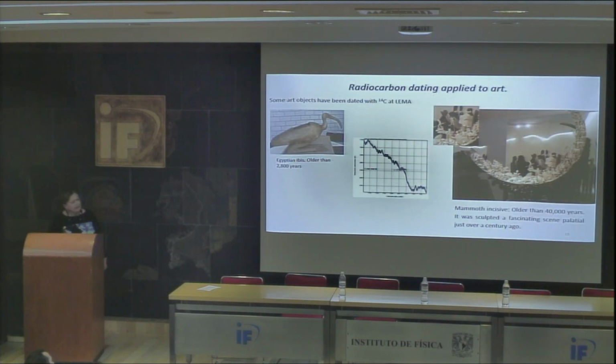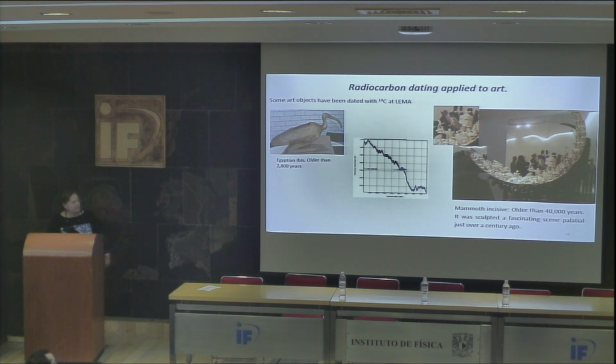This is a conclusion made not only by radiocarbon dating, but also from other archaeological criteria. We have also made some analysis of a piece of art. The very first piece that we dated here in the lab was an Egyptian ibis. Believe it or not, an Egyptian ibis in Mexico, and it was older than 2,800 years. We also received some objects from museums.